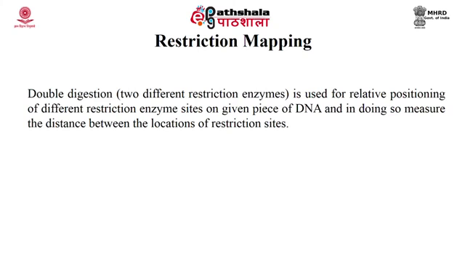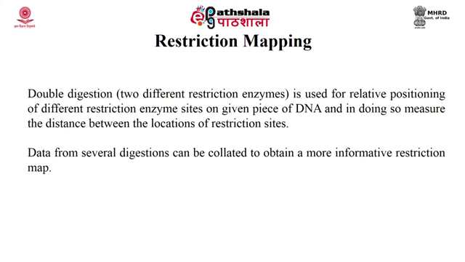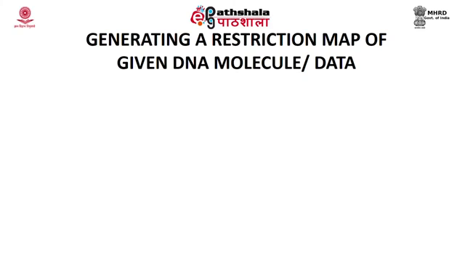In doing so, we can measure the distance between the locations of the restriction sites. Data from several digestions can be collated to obtain a more informative restriction map. Generating a restriction map on a given DNA molecule.